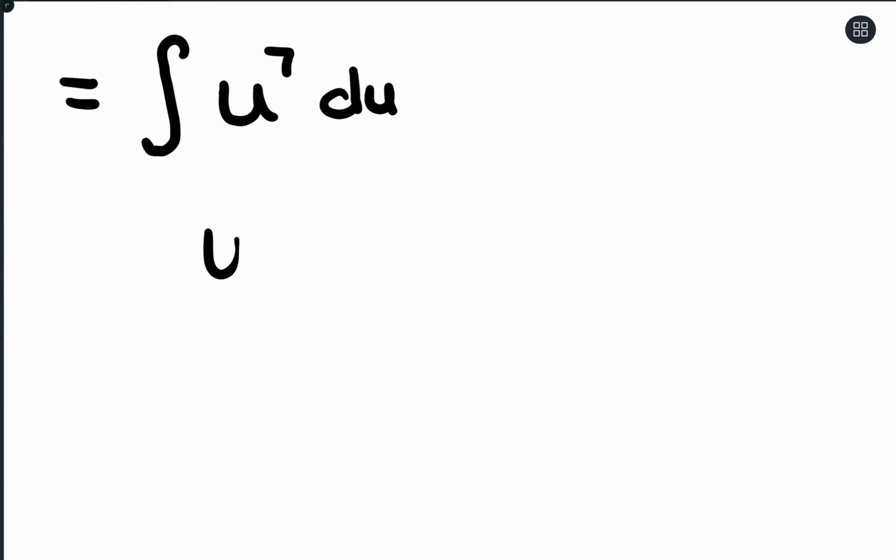So it would be u to the 7 plus 1, which is 8, divided by 8. And then this is indefinite, so we'll have a plus c. In terms of taking the antiderivative, not too bad since we replaced it with u. Now what we need to do is substitute back in.